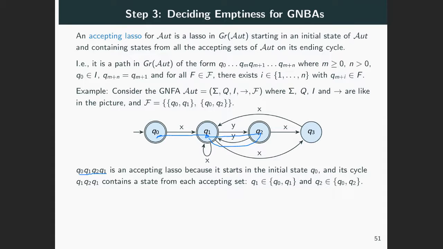So Q1, Q2 form the cycle of the lasso. Why is it an accepting lasso? Because its cycle part contains Q1, so it intersects the accepting set Q0, Q1, and also contains Q2, so it intersects the accepting set Q0, Q2. So its cycle part intersects all the accepting sets. And of course, it starts in the initial state Q0.